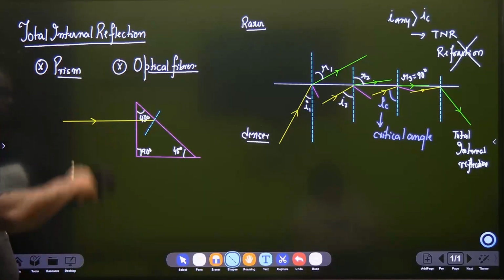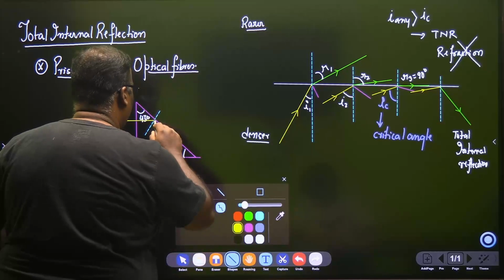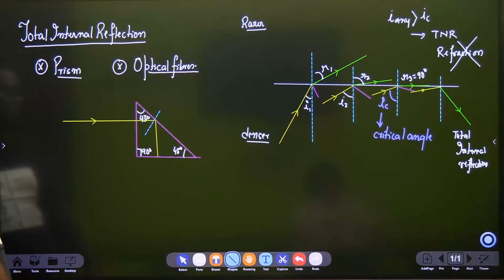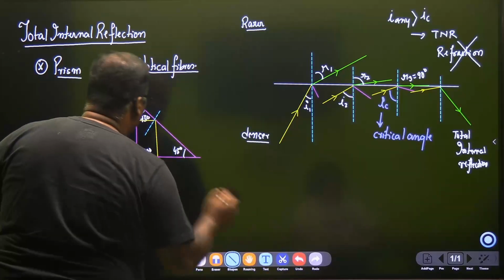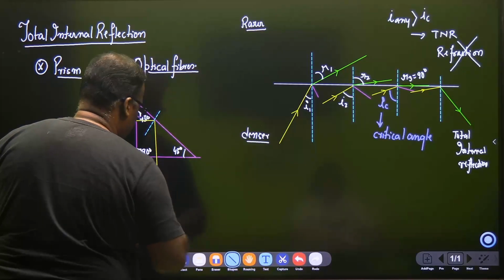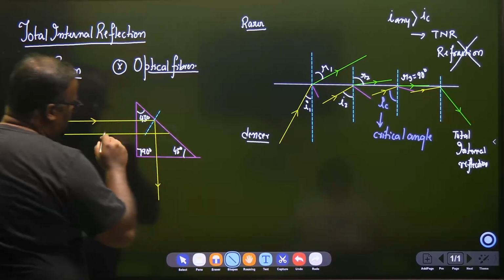So whatever angle of incidence it is making, the ray will come out with the same angle of reflection. And instead of coming out like this, since it is at 90 degrees, it will just come out, right?